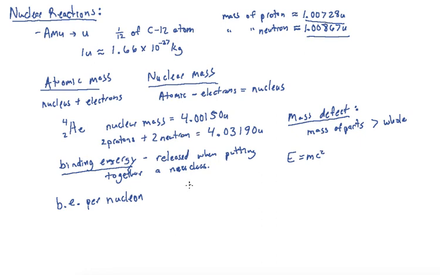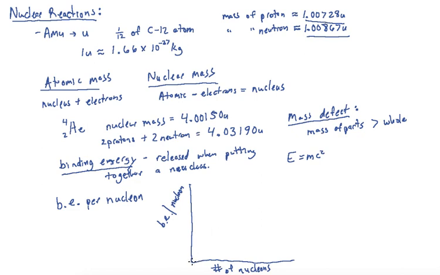And what will happen is you can then build a graph, and you'll see a graph that looks something like this, where down on the bottom is your number of nucleons, and over here is that binding energy per nucleon. Sorry for the handwriting. But the shape of this graph is pretty interesting.